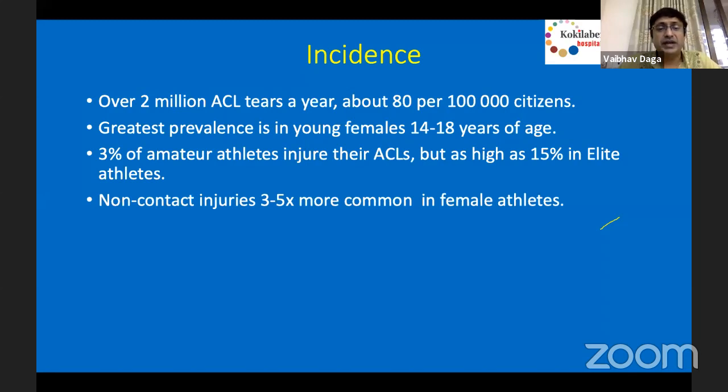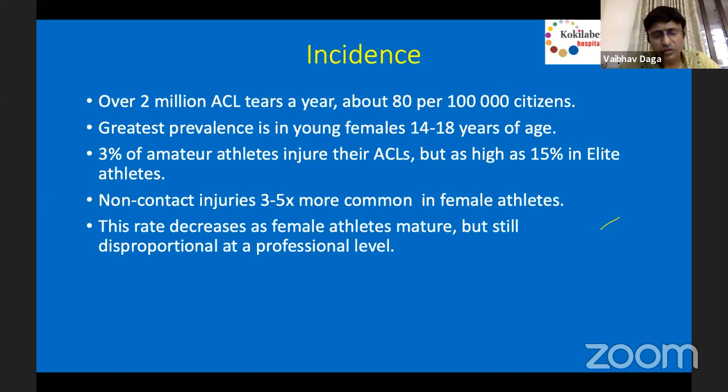Non-contact injuries are 3 to 5 times more common in female athletes. As I said, there's a lot of work going on about female athletes. Why exactly is it happening?